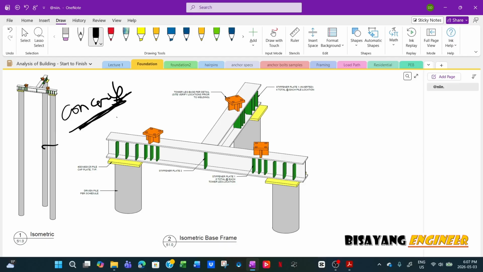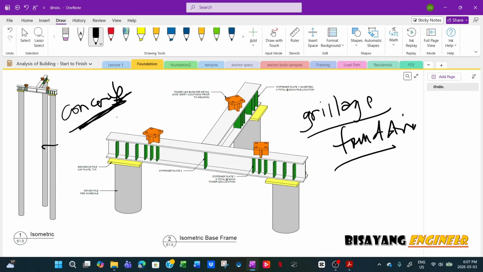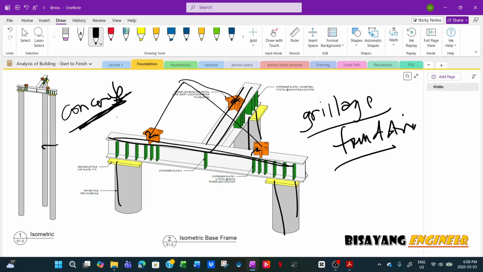And now this is what's called a grillage foundation. This is for a radio tower with three legs. So the tower has three legs, so it's supported on this one, and then there will be a cross beam, then supported by three piles.